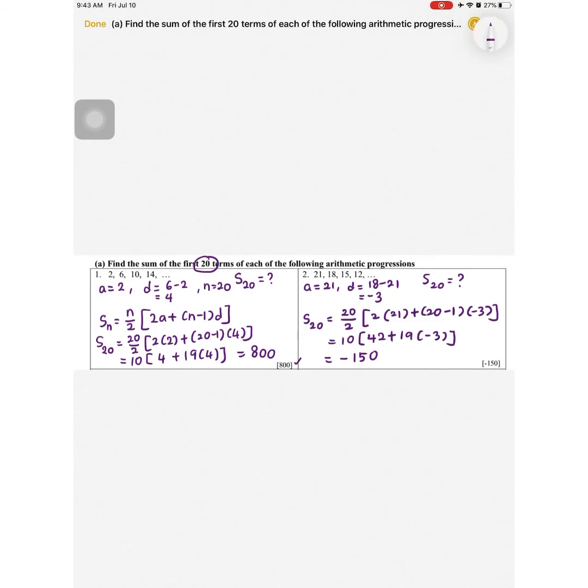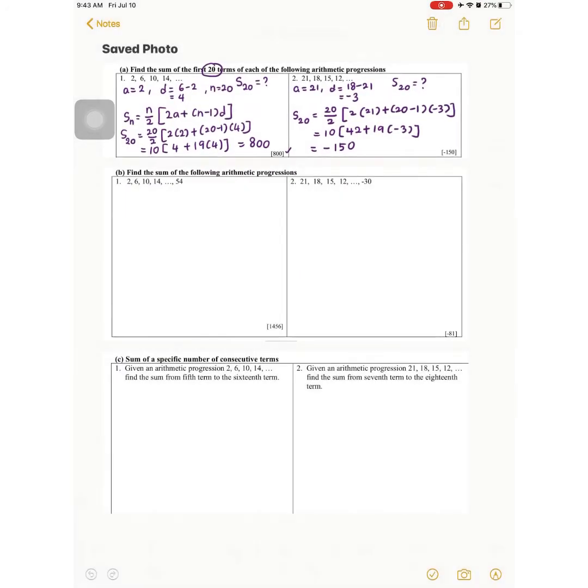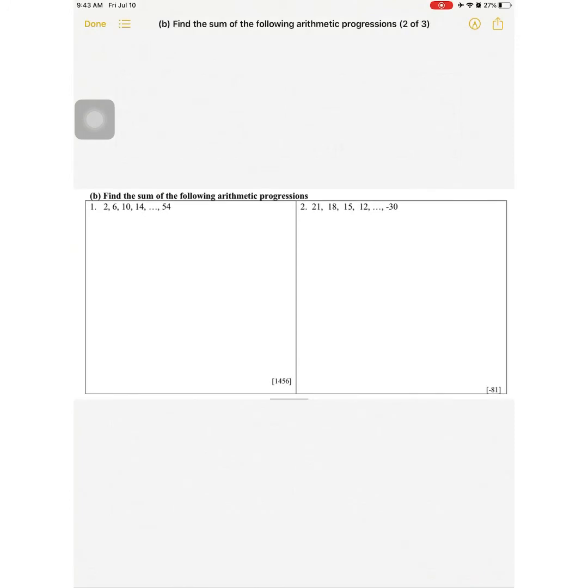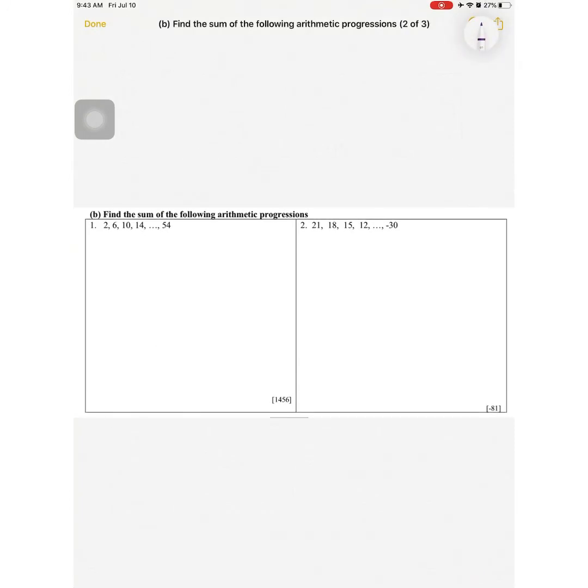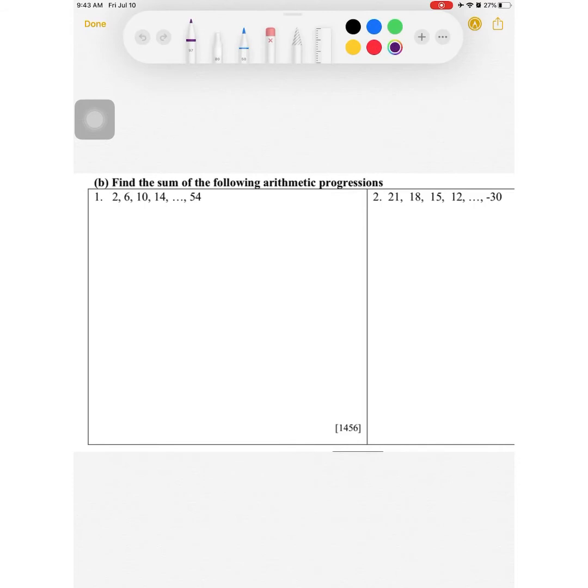Now, what if the question says find the sum of the following arithmetic progression? Let's look at question B. In this case, you were given a to be 2 and your d is 6 minus 2, which equals 4.